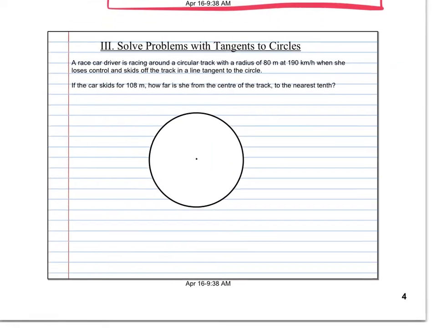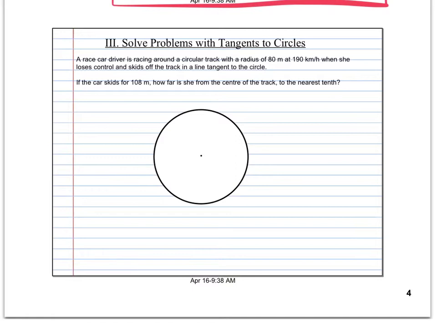The last part is, of course, problem solving, because you can't get away with not seeing that in Math 9. So you have a race car driver racing around a track. There's a radius of 80 meters and she is traveling at 190 kilometers per hour. When the driver loses control and skids off the track in a line tangent to the circle.